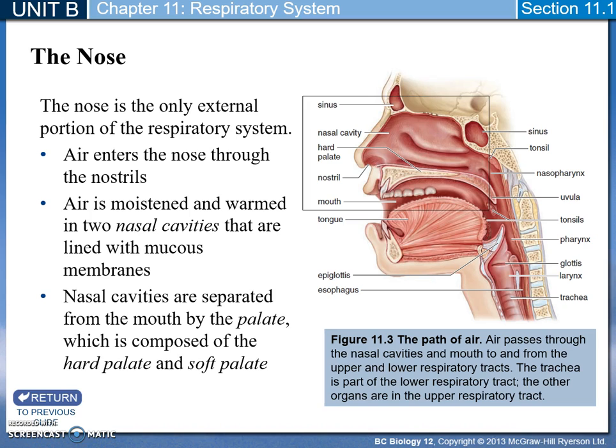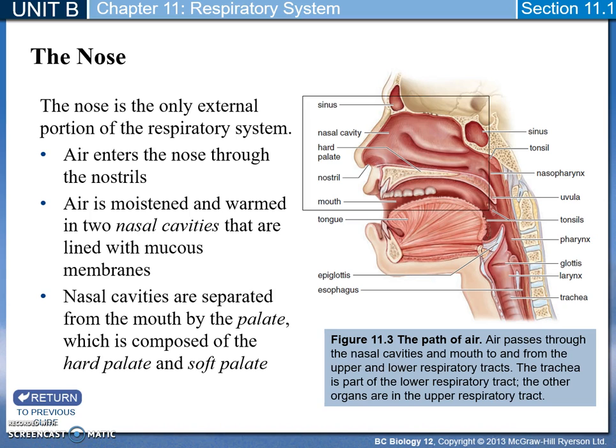And the nasal cavities are separated from the mouth by the palate, which is composed of the hard palate, which is the anterior portion, or the portion toward the front, and the soft palate, which is more posterior or toward the back.